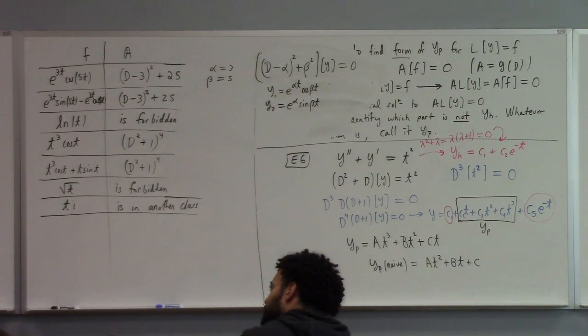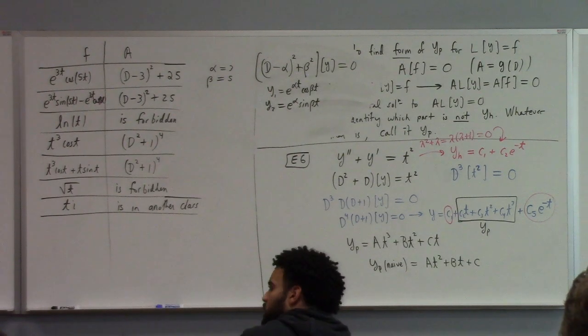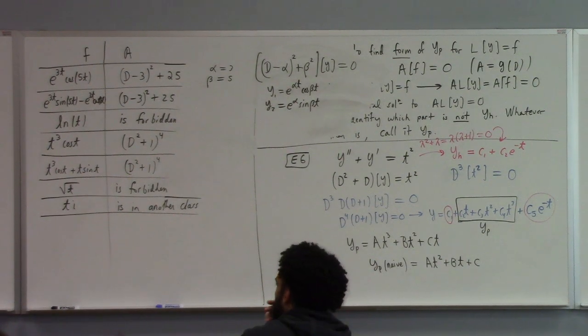You would just use D squared, but then you'd have to allow for complex coefficients. And the whole method would have to be extended to allowing for complex undetermined coefficients, which you could do. Nothing we're doing here really is disallowed with complex.